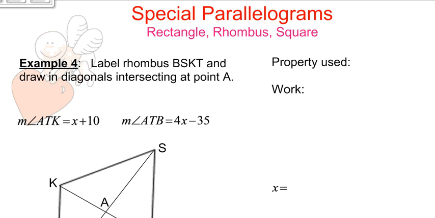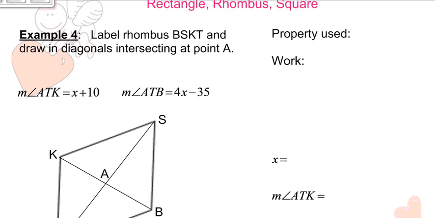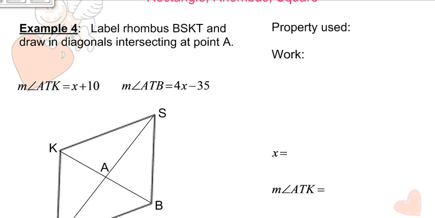The last example we're going to do today asks us to label the rhombus, which it's already done, and draw in the diagonals intersecting at point A, which we have here.